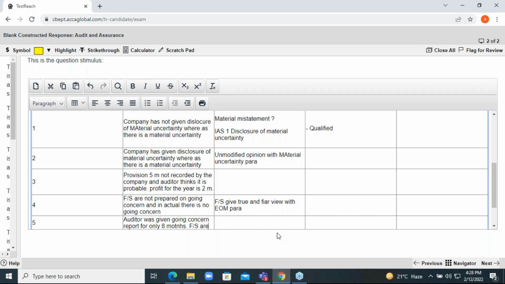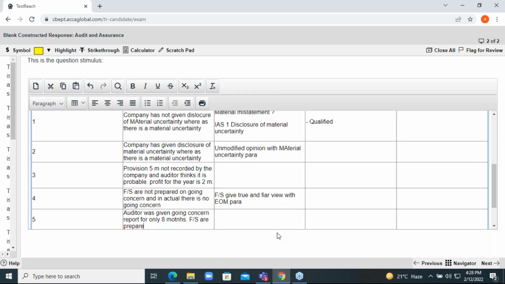Financial statements are prepared on going concern. So, who can give the correct answer for this option? Let's see.